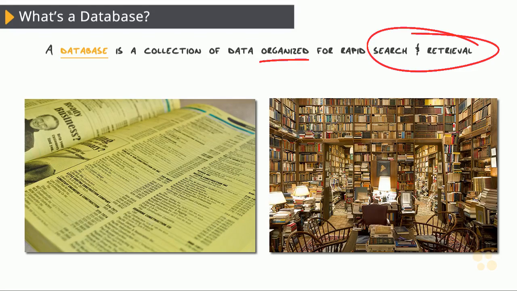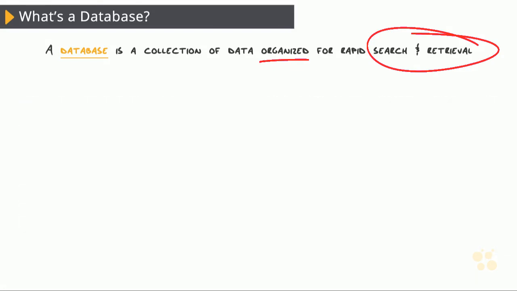Now, in today's world, when you hear the word database, you're probably not thinking about phone books or libraries. You're thinking about machines, computers with database software installed on them that host and manage all the data for an organization. Speaking of which, databases are the heart and soul, the lifeblood of every organization out there today.